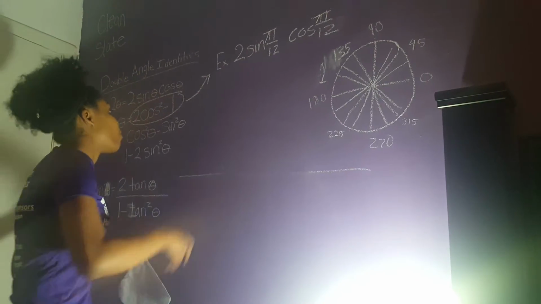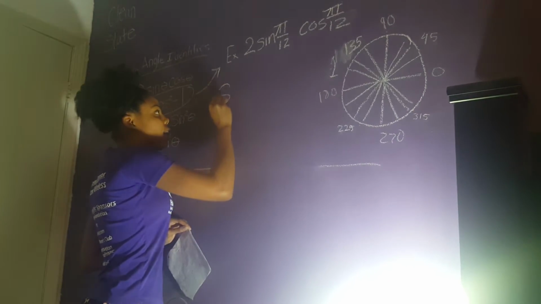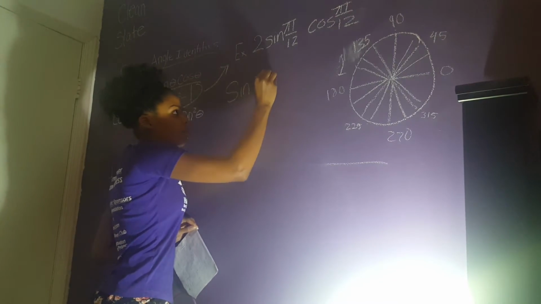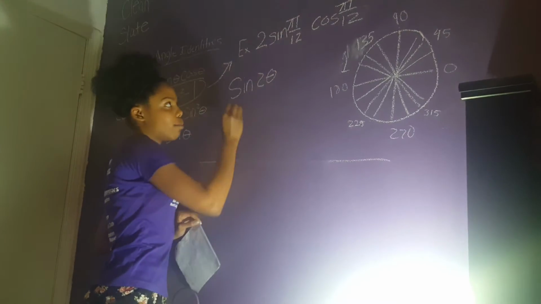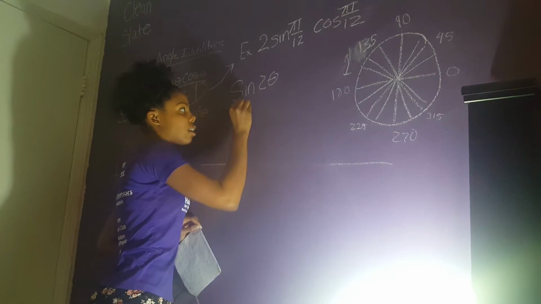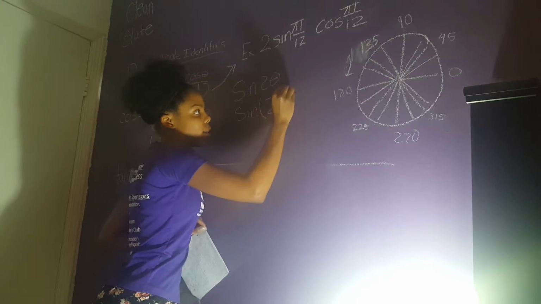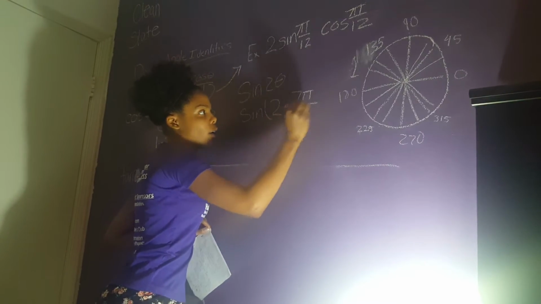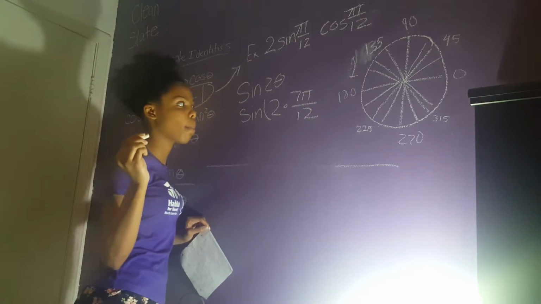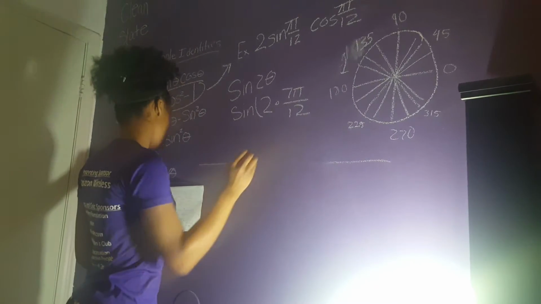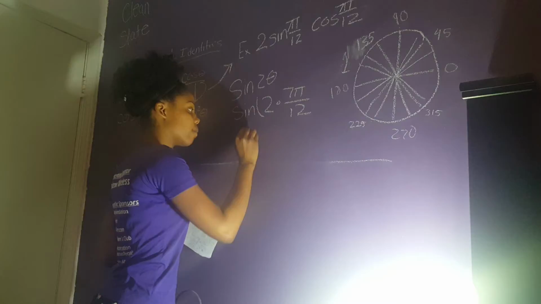So what we're going to do is set this up to equal sine 2 theta. And your theta is your 7 pi over 12, so it's going to be sine of 2 times 7 pi over 12. And 2 times 7 pi over 12 is going to give you 7 pi over 6.